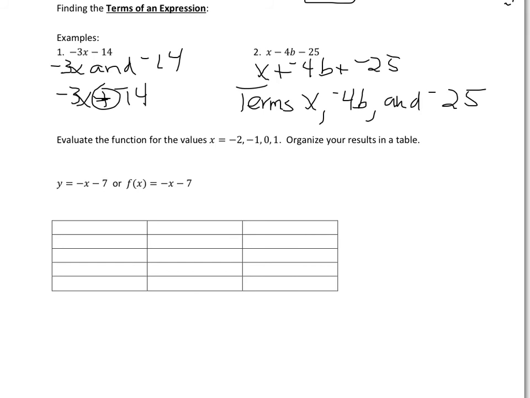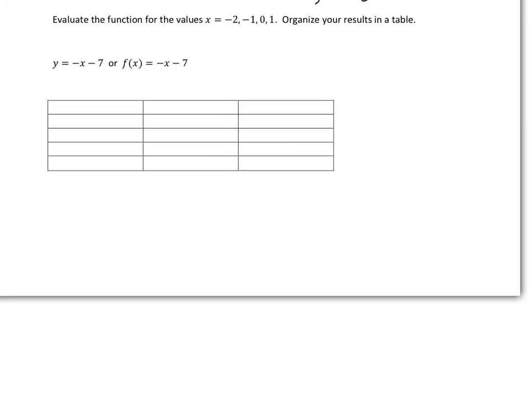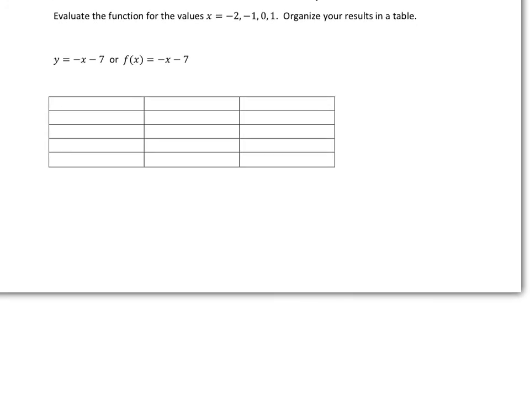All right, and then finally, we've been talking about functions a little bit already. And it says evaluate the function for the values of x equal to negative 2, negative 1, 0, and 1, and organize your results in a table. So, you gotta be careful though here.